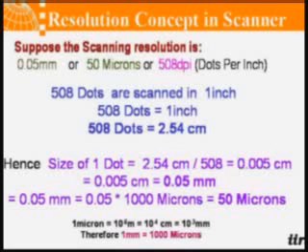Hence the size of 1 dot is 2.54 divided by 508. So that comes as 0.005 centimeters. Then you convert into millimeters, 0.05 millimeters.